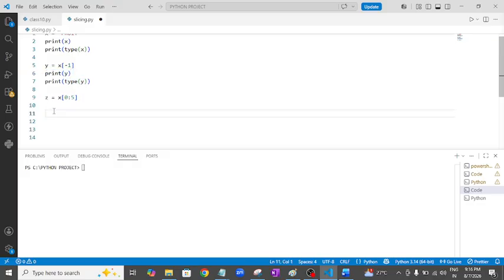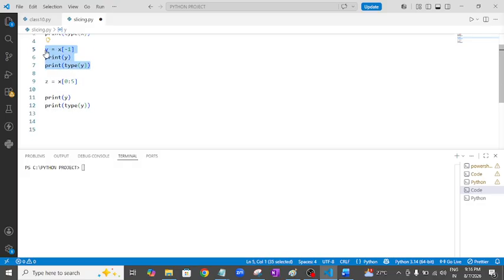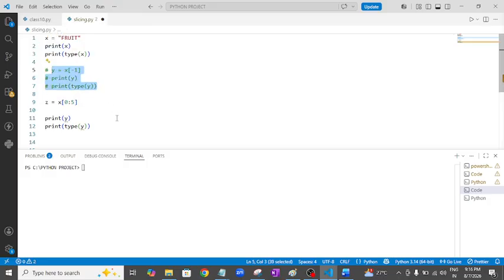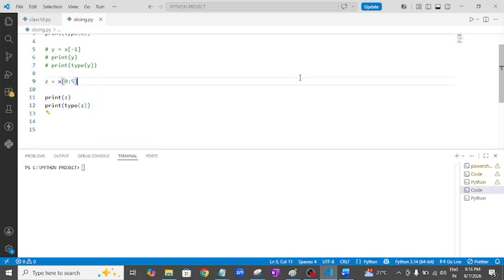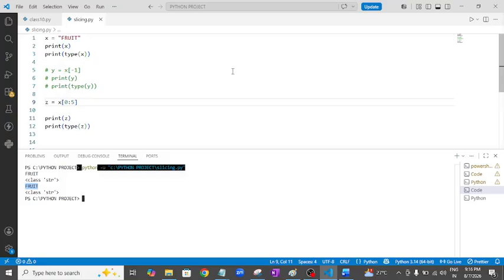You want to end by 5. Z, we are going to take Z. Let me run. Sir, it came fruit, sir. Did you print wrong? No, sir. Let me go with 4. Sir, FRU came.